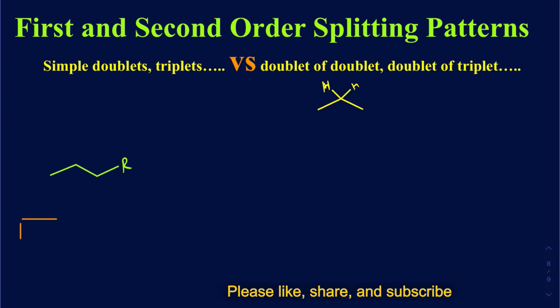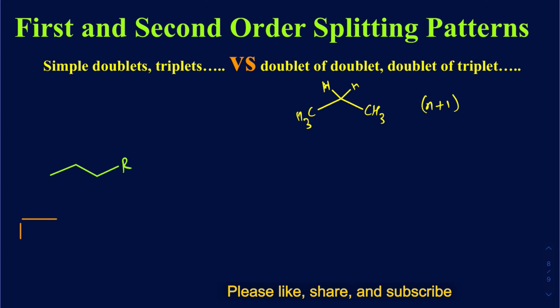So the total number of hydrogens that these middle two hydrogens will be adjacent to is 6. Now, the protons on the left carbon and the protons on the right carbon are actually equivalent to one another. There's really not any difference. As a result, you will see a very simple splitting pattern, and we call that a first order splitting pattern, where we can just use the n plus 1 rule.